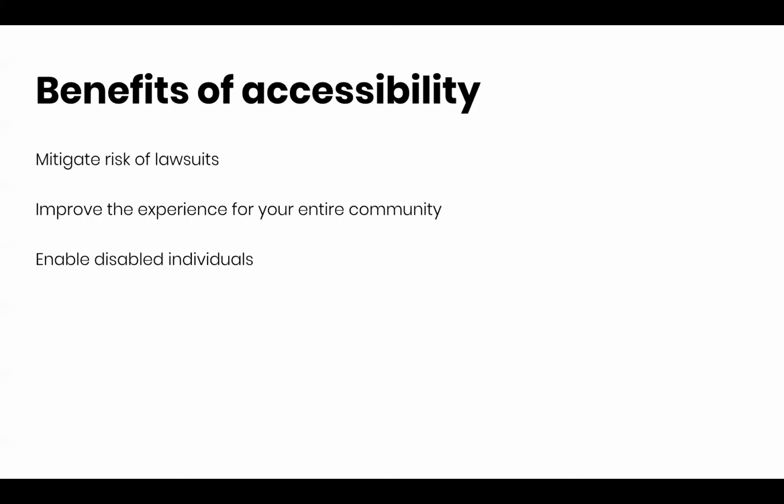Lawsuits are very expensive, and it's one of several reasons that people choose to become accessibility compliant. But really these second two are the ones that I want to spend some time on today, and that's improving that experience for everybody. Becoming an accessibility compliant organization doesn't necessarily just improve your organization for impaired individuals. It improves your experience for everyone.